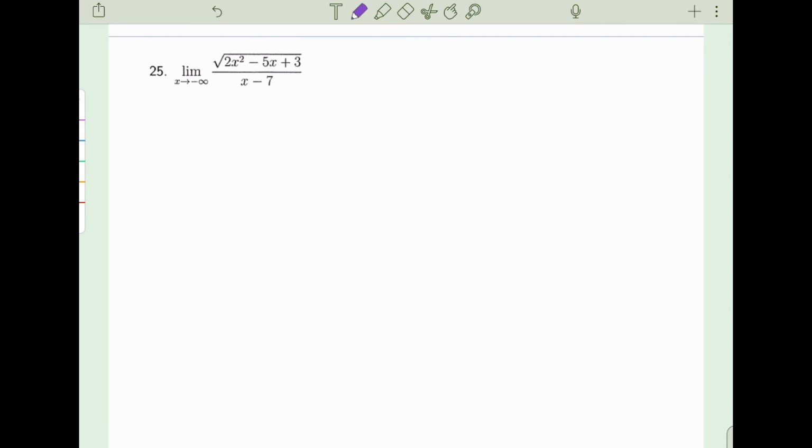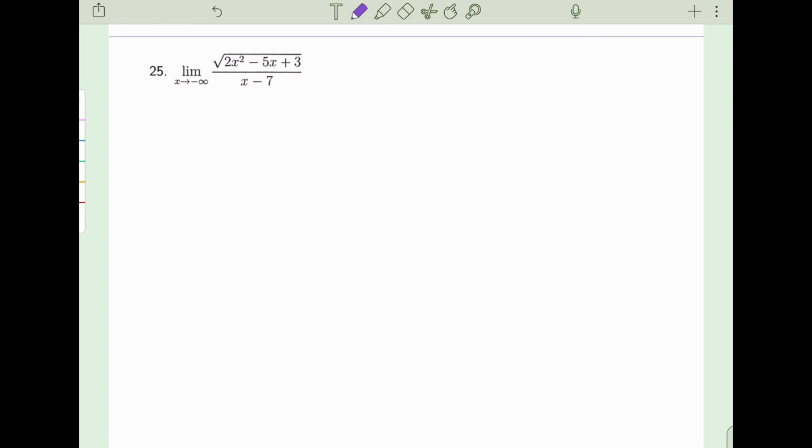So we may not have enough time, so I will just go over question 25 from the limit sections there. So this is a very common question for exams, especially when x approaches negative infinity. We know that for this type of limit, the trick is to divide the top and the bottom by the highest power in the denominator.